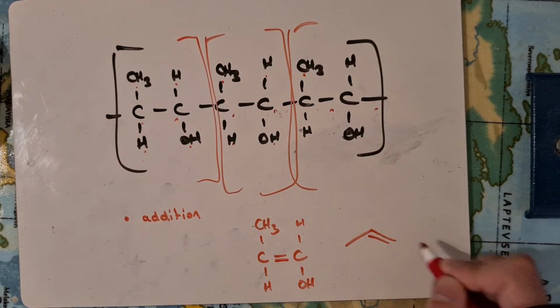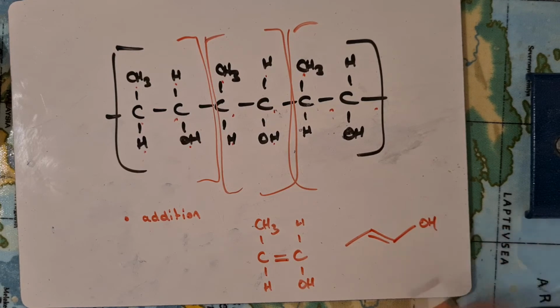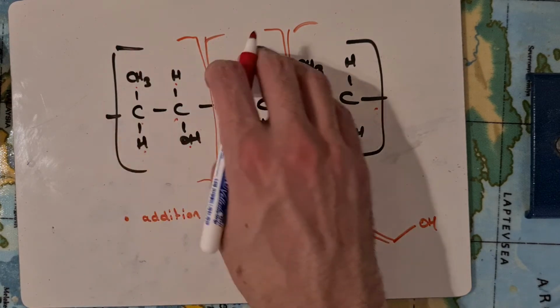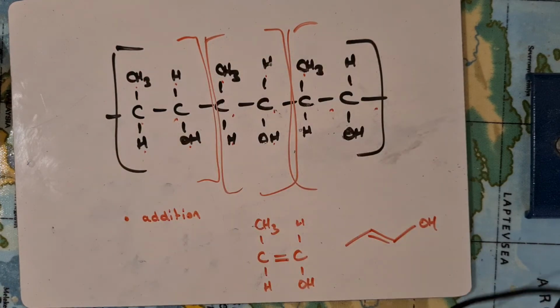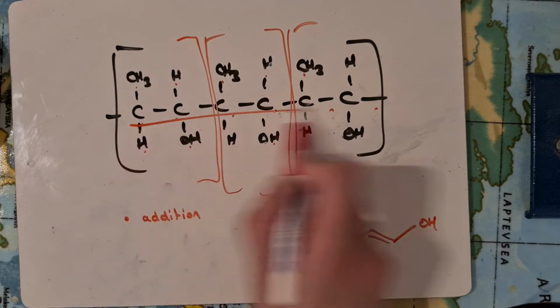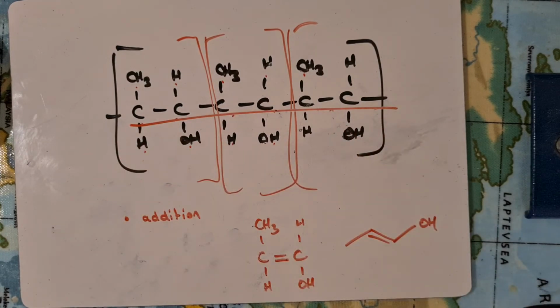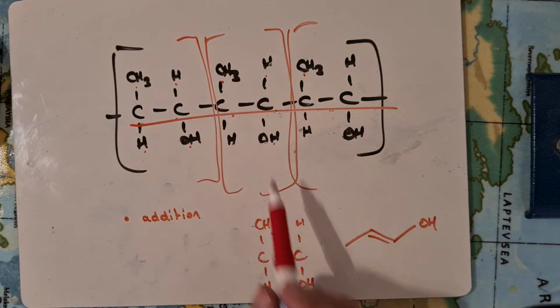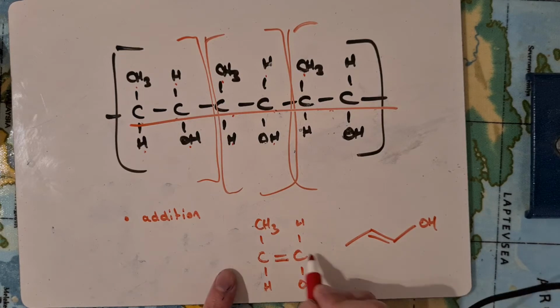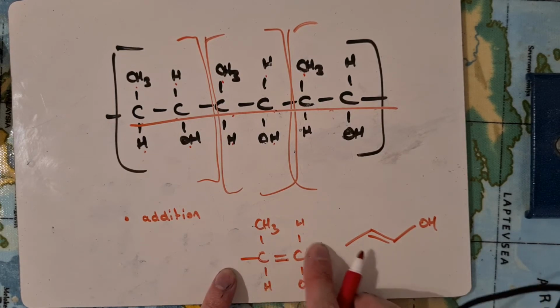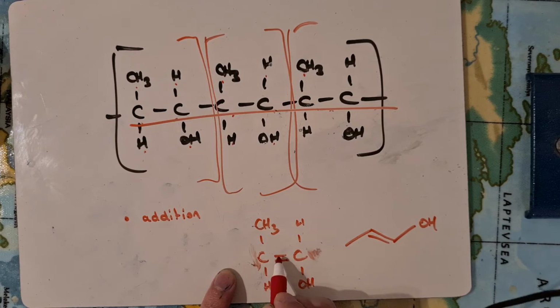Might draw the skeletal version like that. So it's a case of identifying where the repeat unit is. We can tell it's addition because it's just a straight chain of carbons. And then take the repeat unit, where there were bonds going out to the side, get rid of those and put that linking the 2 carbons in the centre.